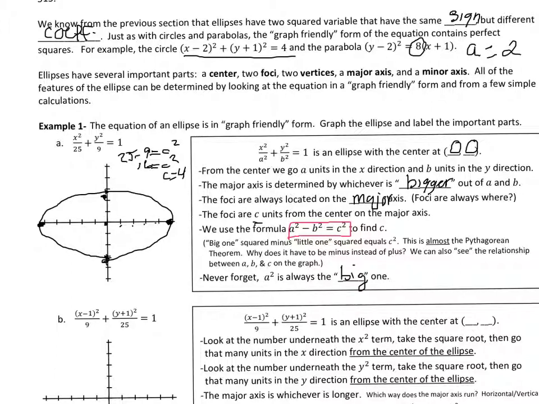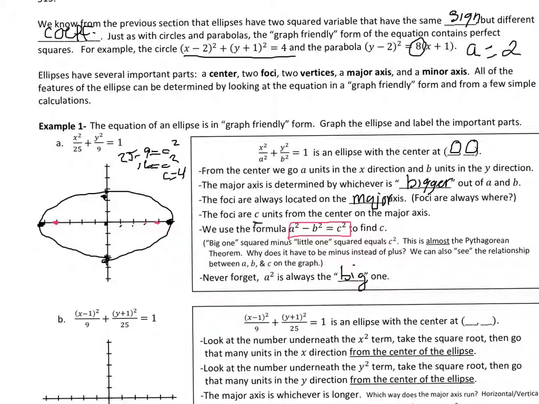Again, c is the distance from the center to the foci. So where are my foci? They are right here and right here, because the foci are always along the major axis.